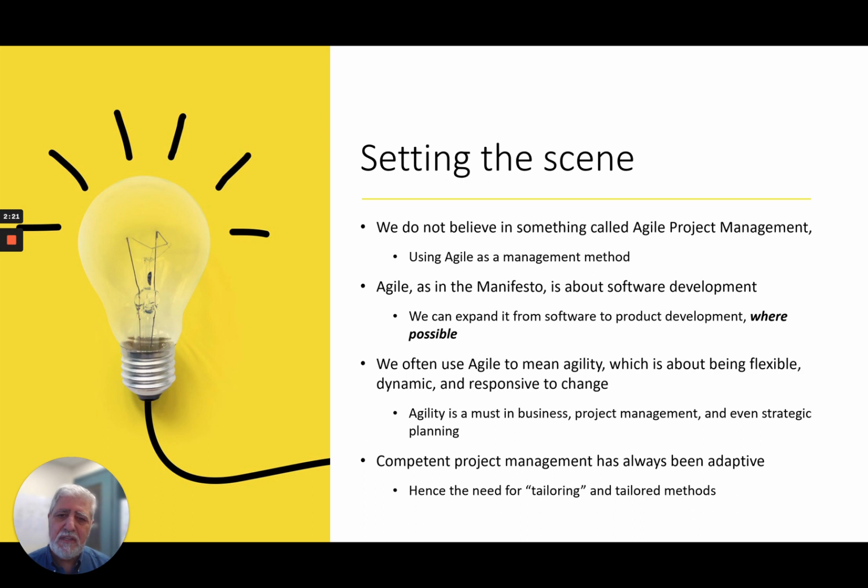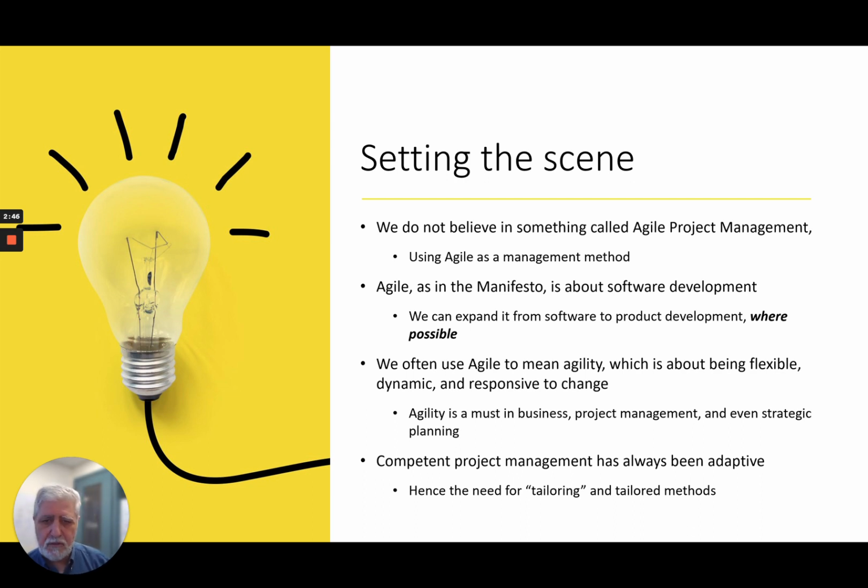Another issue we see sometimes is that we often use agile to mean agility, which is about being flexible, dynamic, responsive to change. In this case, no argument, agility is a must in our view. It's a must in business, in project management, in strategic planning. No organization can be sustained for the long term by being rigid. Right?